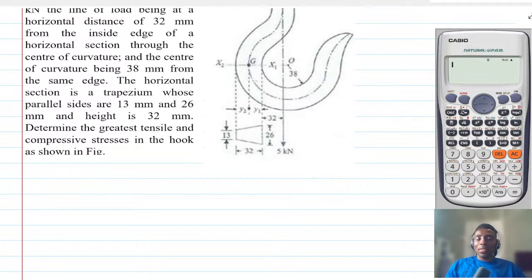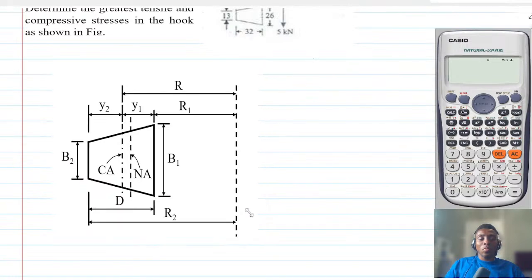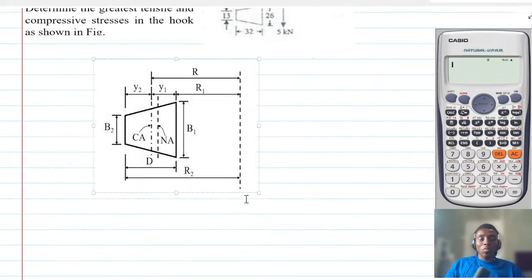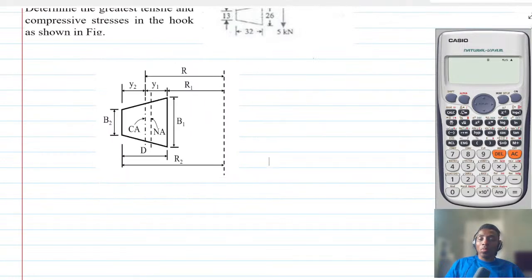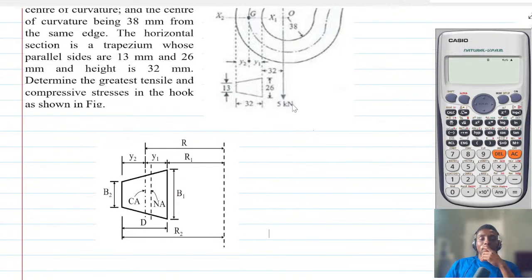To better understand this, all right, so that's the question there for you.